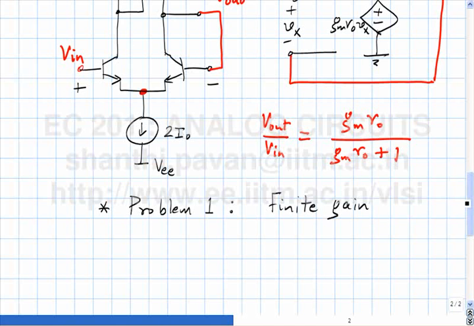Still remember all the negative feedback stuff we did. The closed loop gain is of the form 1 over f times AF by 1 plus AF. So it just means that if you have larger and larger A, you can put a smaller and smaller f, and still AF will be a sufficiently large number.